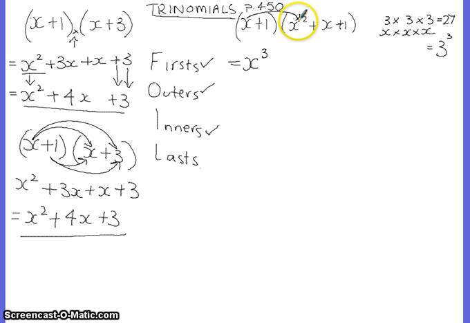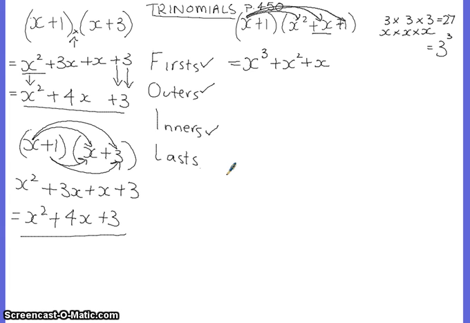So we've done that first one. Okay, what would we multiply together next, Jaden? X by x. X by positive x. Remember, the sign belongs to that which comes after it. And x times x, Jaden, is x squared. Good stuff. Last thing we've got to do is x times positive 1, which gives us positive x.